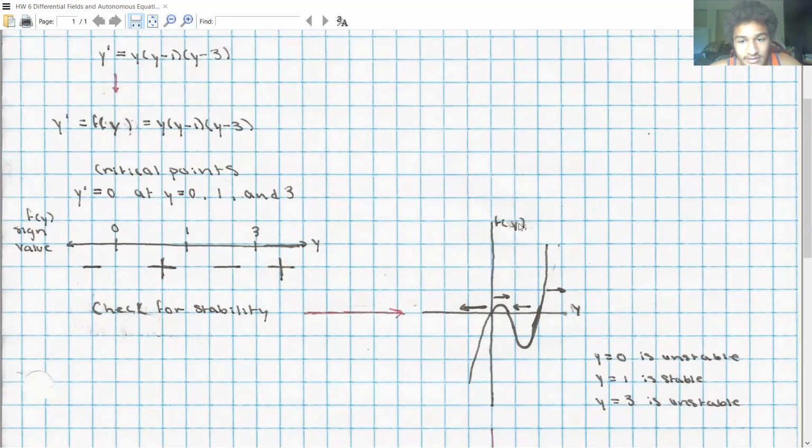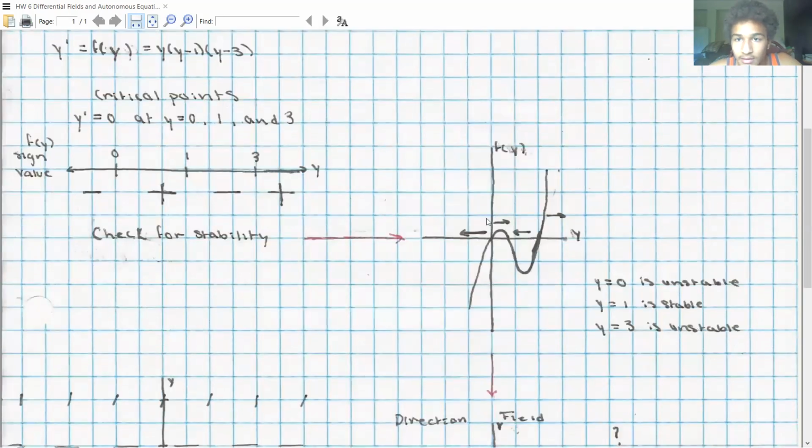And we can plot this using these critical solutions. You can see right here, we're just moving this over. Where y prime is negative, we have decreasing y. And if we were to graph y with respect to t, we would have y moving away from 0 on both sides. So this is how we determine an unstable solution.